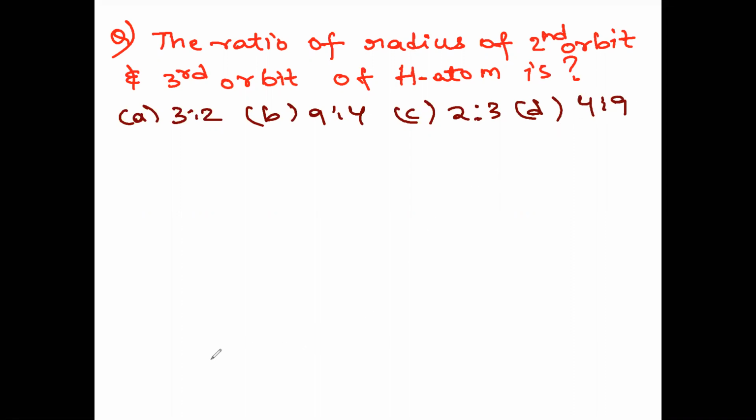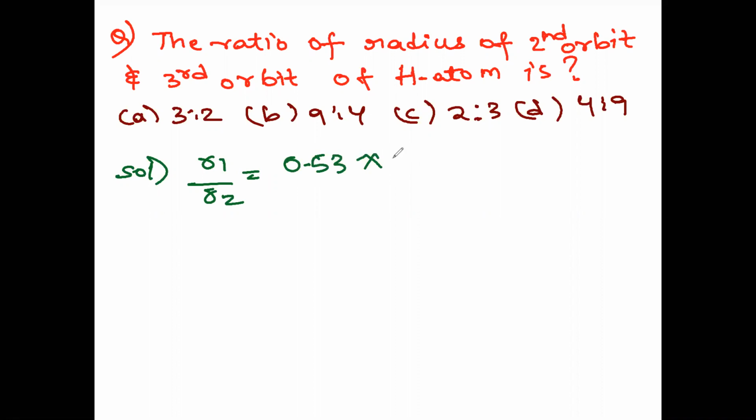So the answer: r1 by r2 is equal to 0.53 into n square, you know the formula.